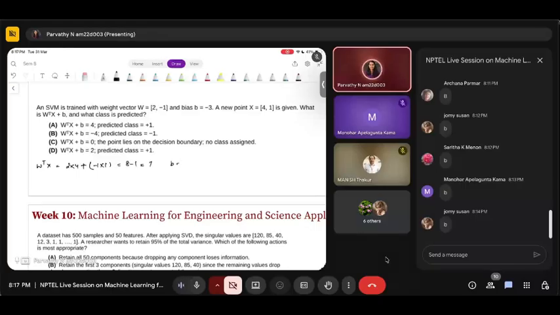Then B is -3. So W transpose X plus B is 7 minus 3, which is 4. So 4 is greater than 0, so it is class 1.